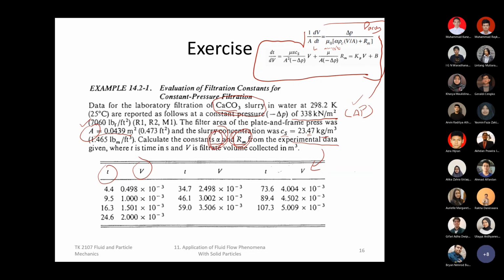Here, what you want to find is the alpha and the Rm. So it's actually much better if you express it as dt per dV, not dV per dt. Why? Because later you can do a statistical linear regression. And you can see that it's like a linear equation.